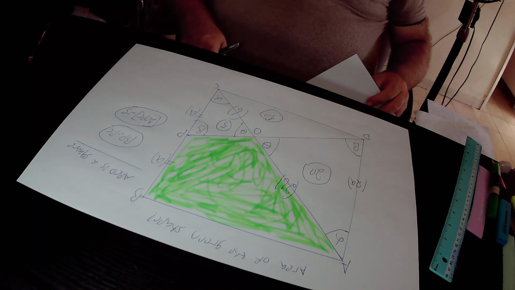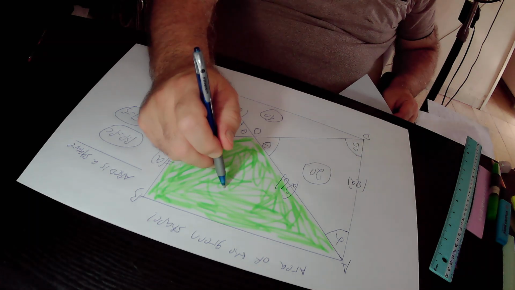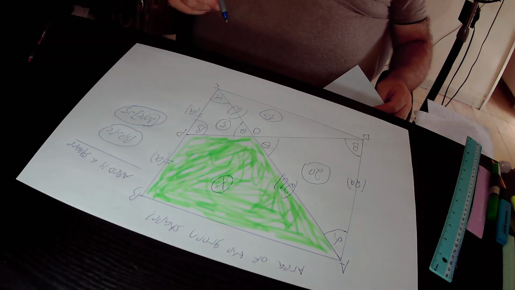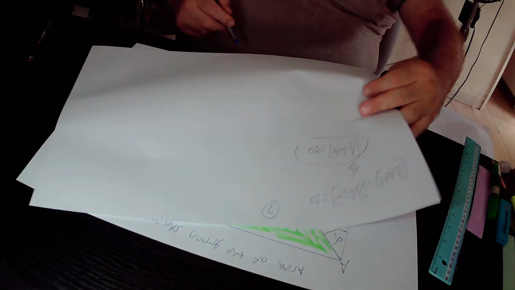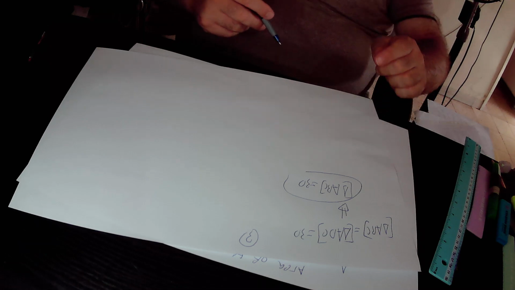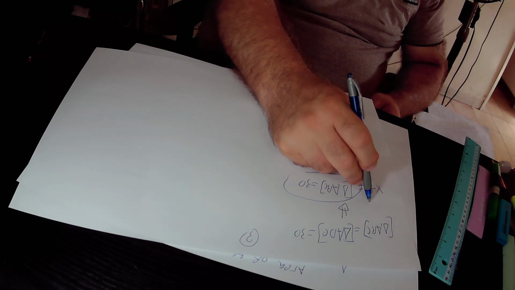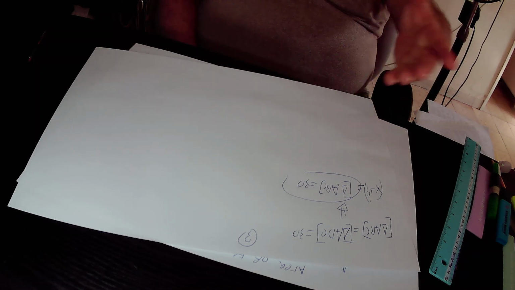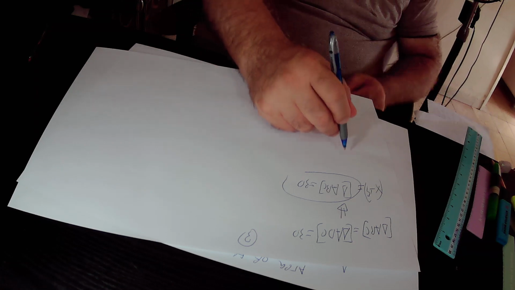We define the area of this green shape as x square units in its size. So in total, the area of triangle ABC equals x plus 5 square units. And from this equation, x plus 5 equals the area of triangle ABC equals 30. We will derive that x plus 5 equals 30.